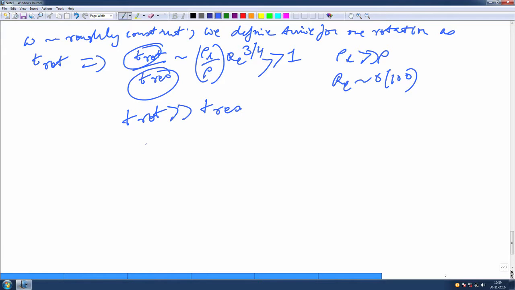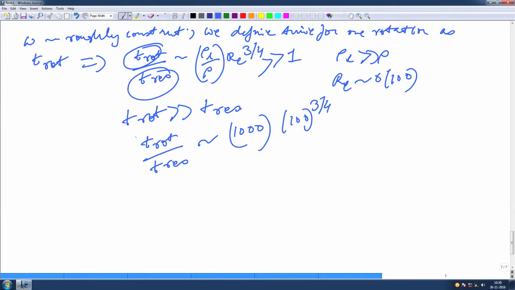We can estimate in fact that T rot by T res is almost equal to 1000, and if the Reynolds number is 100, it is 100 to the power of 3/4, right. So, it will be several orders higher. We would expect this to be several orders higher than this, right. So, at least 3 to 4 orders higher, right.